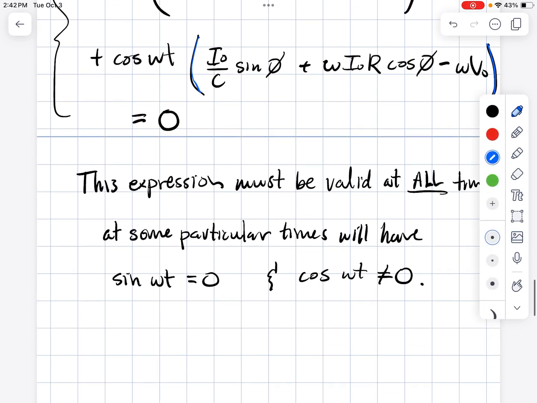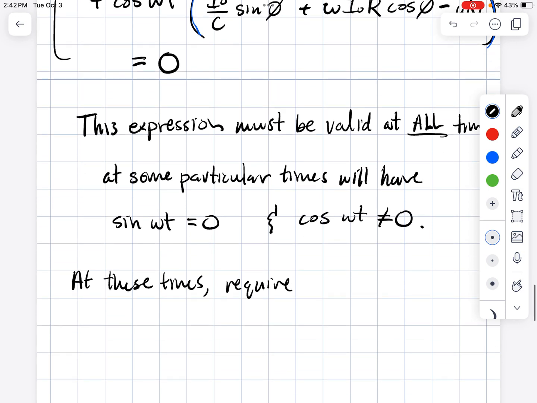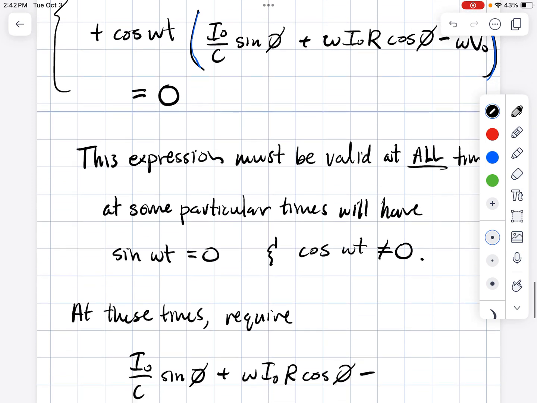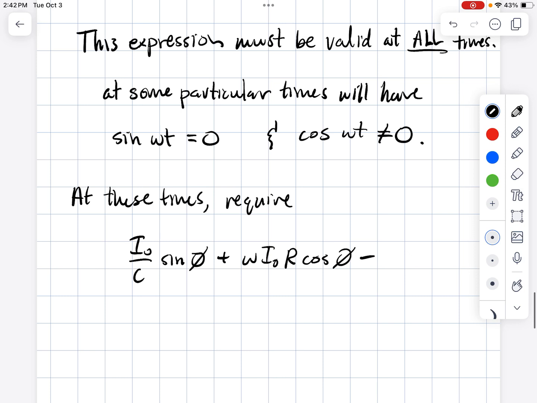Okay, so at these times, we require, well, it would be I naught over c sine phi plus omega I naught r cos phi minus omega v naught equals 0.